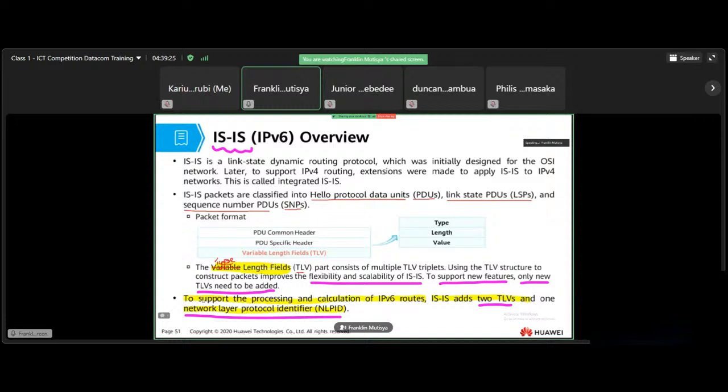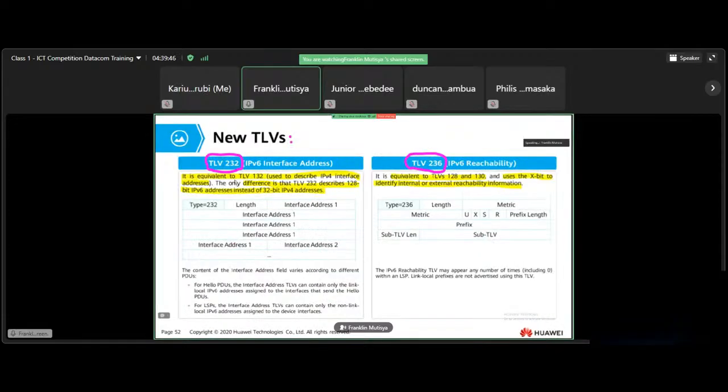To support the processing and calculation of IP routes, ISIS adds two TLVs, that is type length value fields. It also adds one network layer protocol identifier, NLPID. The two TLVs that are added in ISIS are TLV number 232 and TLV number 236.